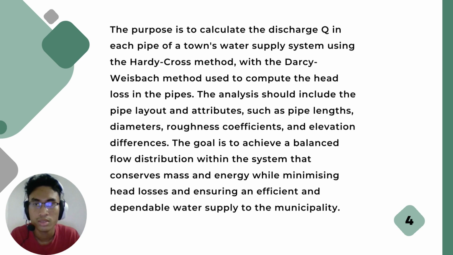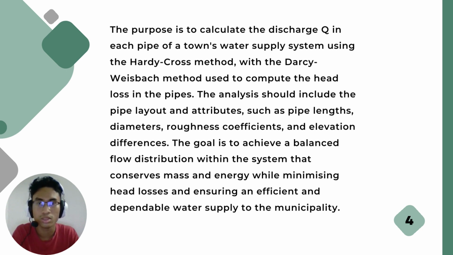The first purpose for this project is to calculate the discharge Q in each pipe of a town's water supply system using the Hardy-Cross method with the Darcy-Weisbach method used to compute the head loss in the pipes. The analysis should include the pipe layout and attributes such as pipe lengths, diameters, roughness coefficients, and elevation difference.